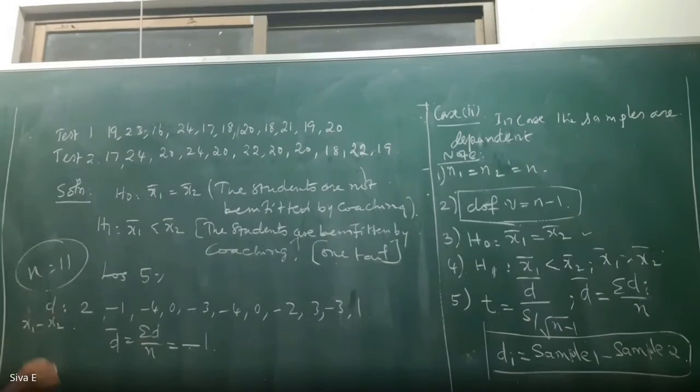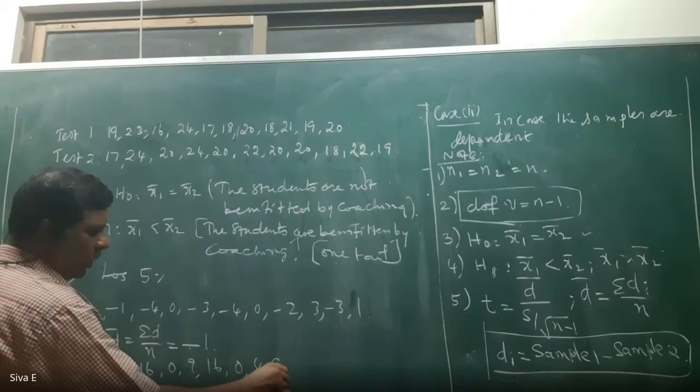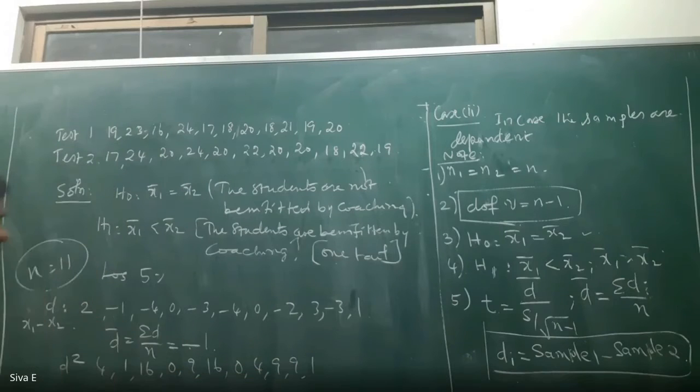D square value, we have to find the d square. D square: 4, 1, 16, 0, 9, 16, 0, 4, 9, 9, 1. So what is summation of d square here?